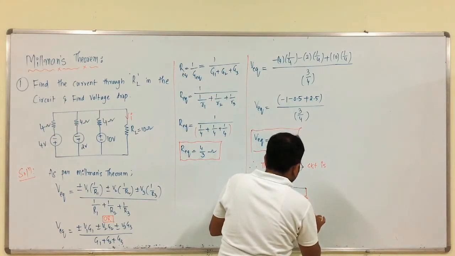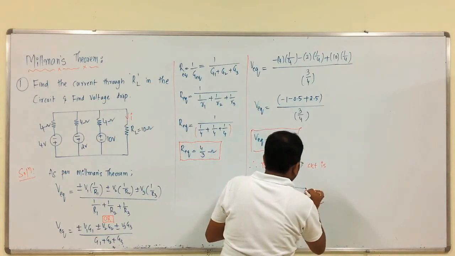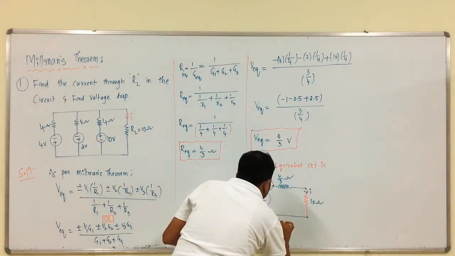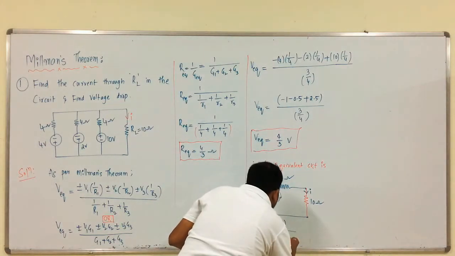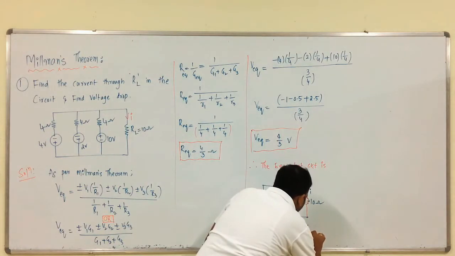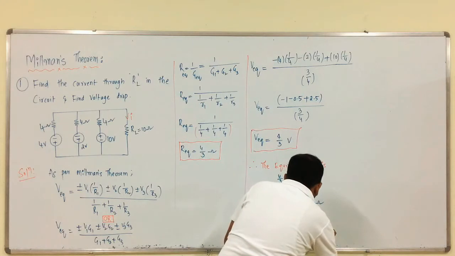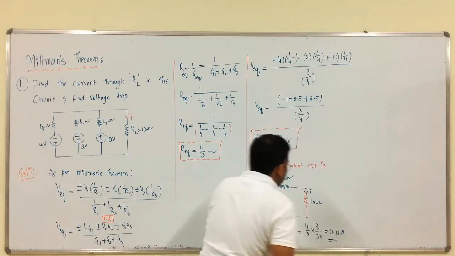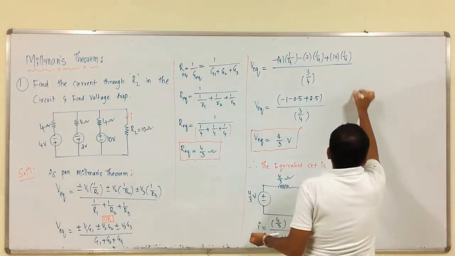What is the value of the load? 10 ohms. We have to calculate the current through that. Therefore, I is equal to what? Voltage by R equivalent plus RL. We have 4 by 3 into 3 by 34, which is equal to 0.12 amperes. We got the current through the 10 ohm branch as 0.12, right.